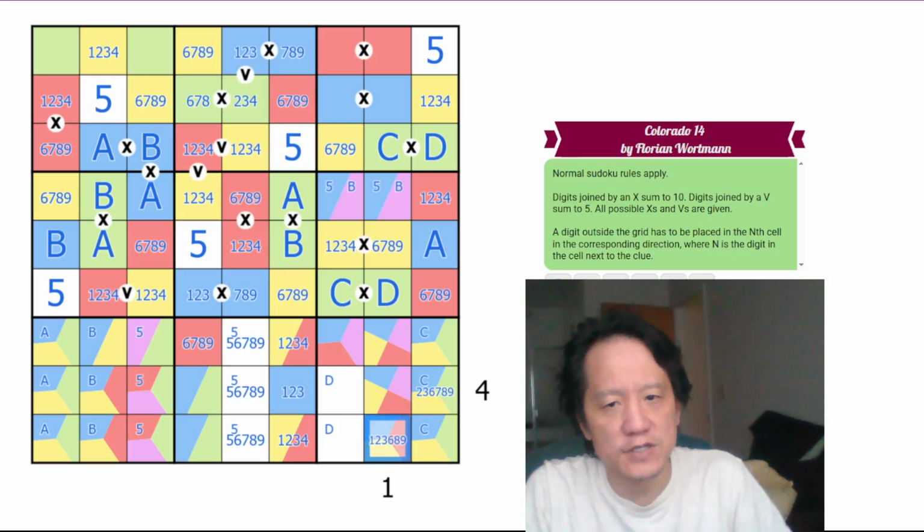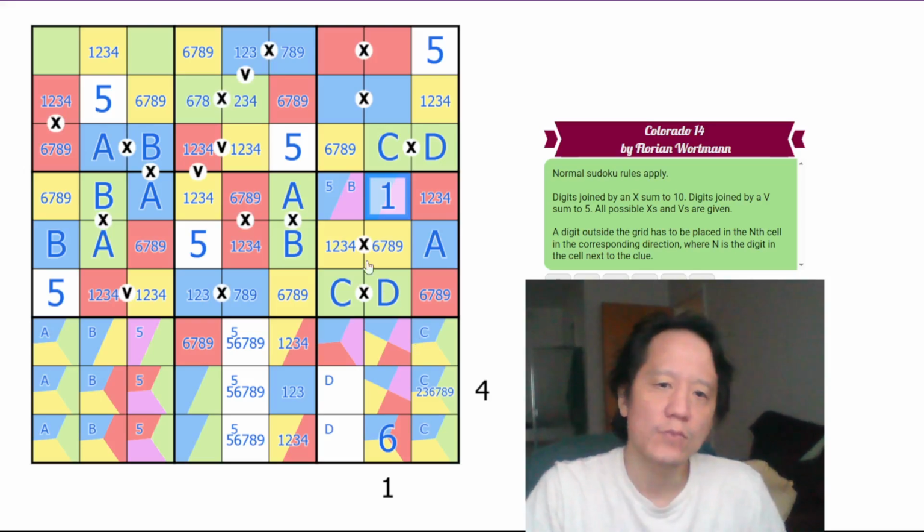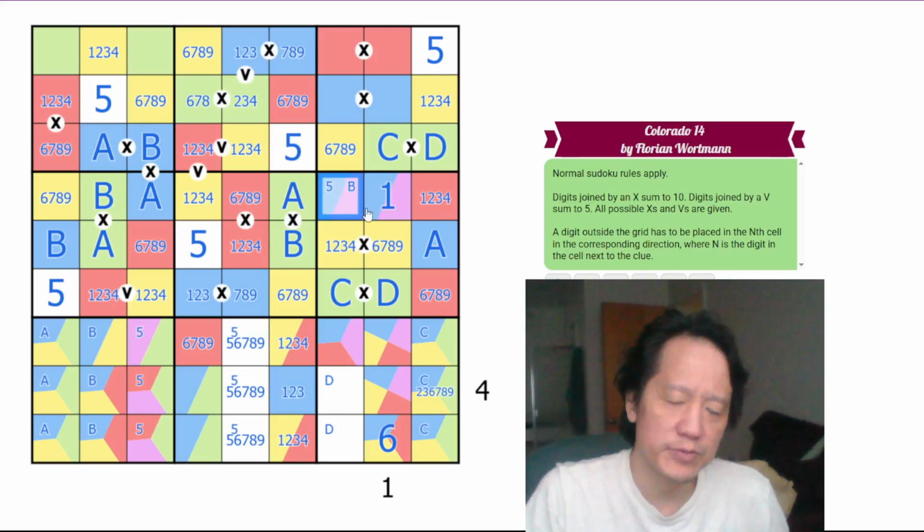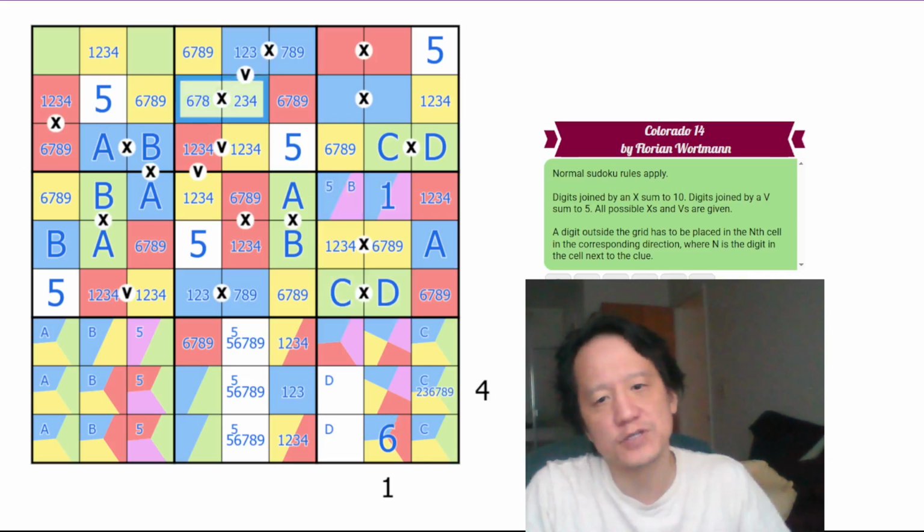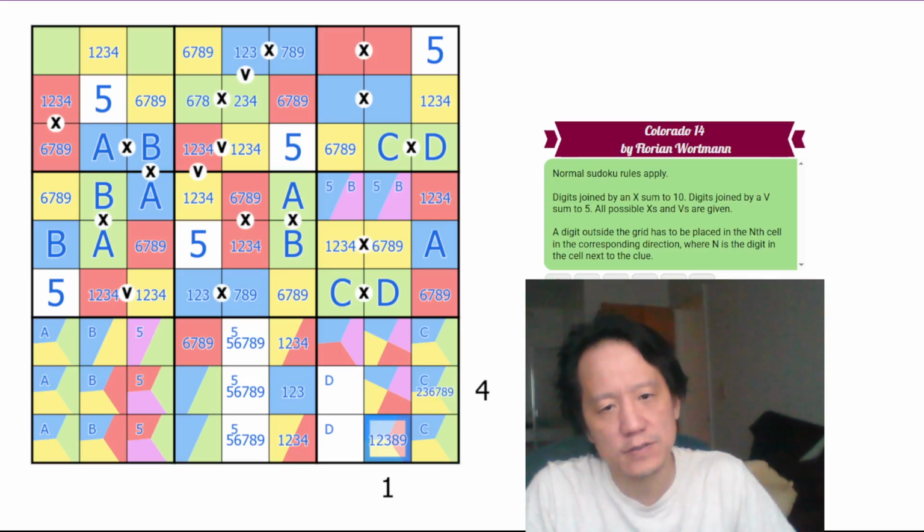If this is 6, that means blue is 1. Cannot be the pink, obviously, because pink is 5. Therefore, blue would be 1, 9, and green would be 4, 6, but that's not allowed. So this cannot be 6 then.